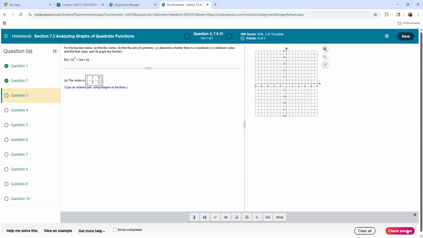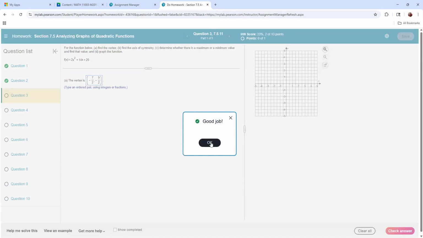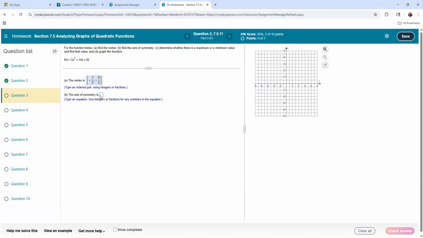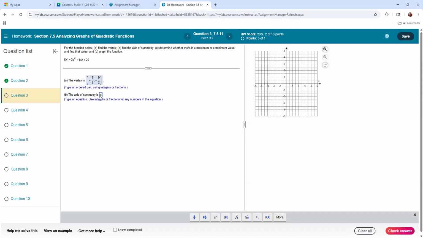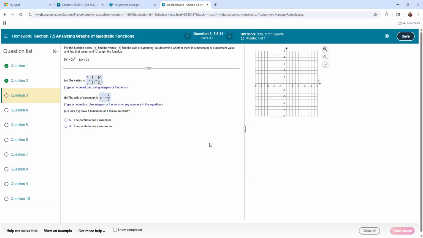All right, so you put that in. It's going to make you check as you go through. The axis of symmetry is x equals negative 7 halves. What did we say? We said we had a minimum, so we would click A.